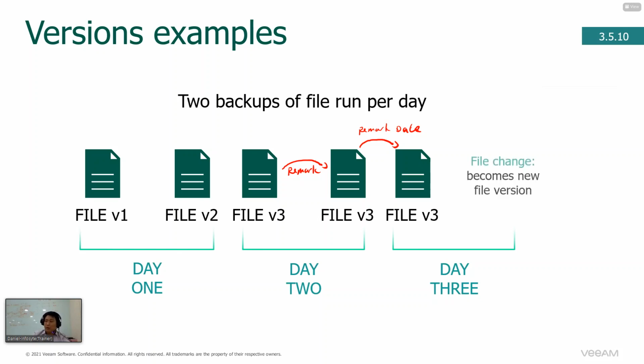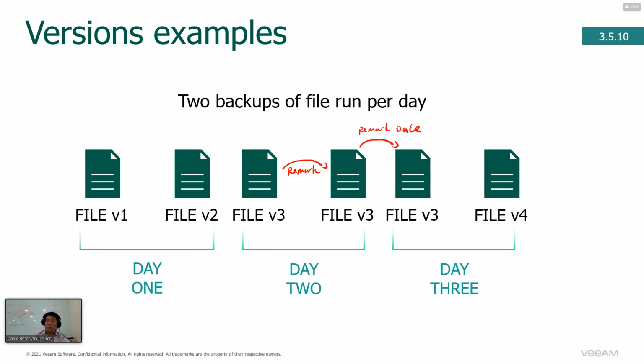Okay. So day 3, when we have new changes again, we will back up the file again and now mark it as version 4, the latest point in time data. So if there are changes, they will back up again. If not, they will just remark the same file until they detect a new change to the file itself.